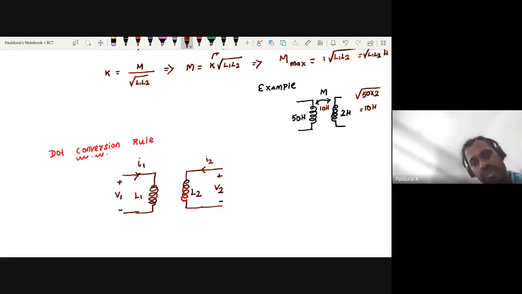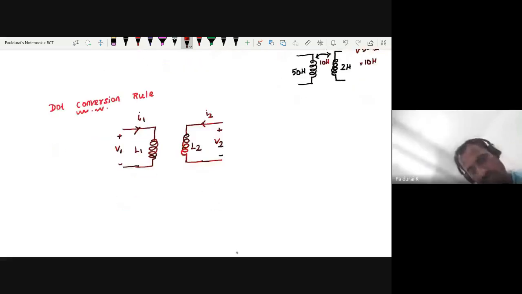Now you know what the equation for voltage 1 is? The voltage at input port 1 can be generated either by di1 by dt or di2 by dt. If it is created because of di1 by dt, then the coefficient is L1.